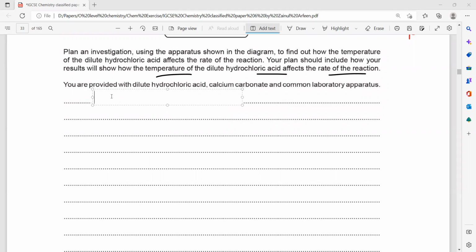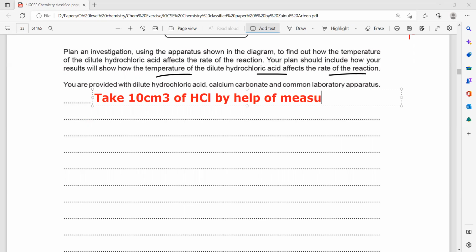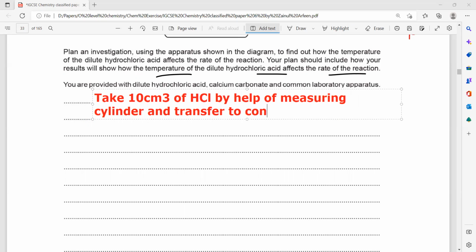Like what we did here, we take 10 cm cube of hydrochloric acid with the help of the measuring cylinder and transfer it to a conical flask.